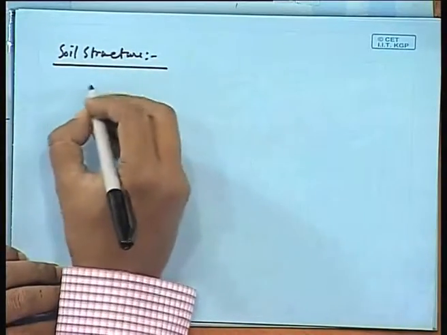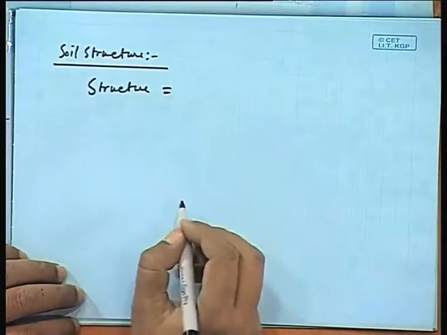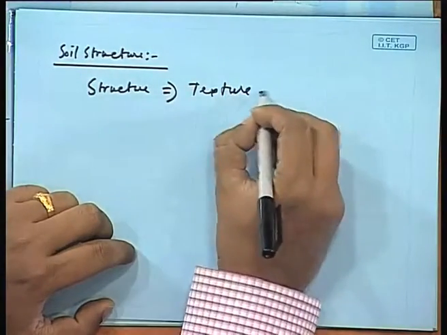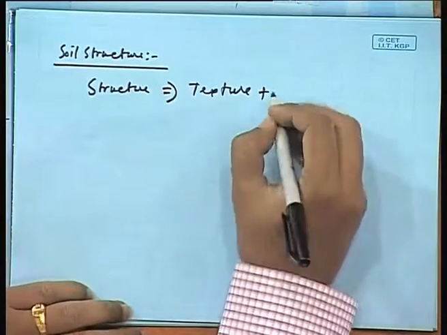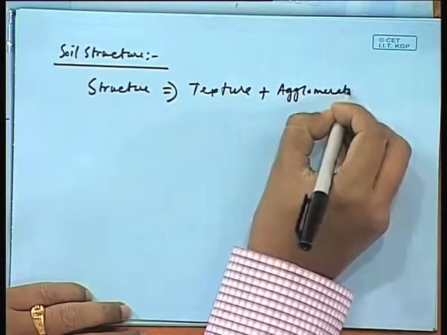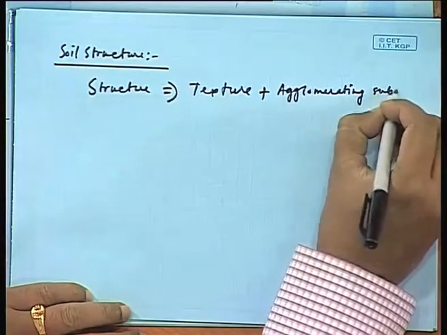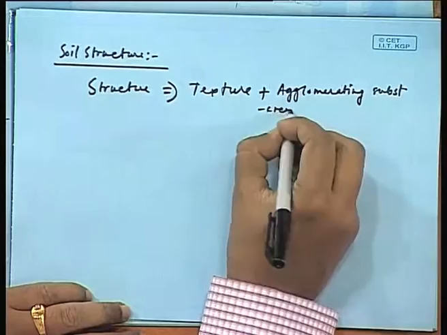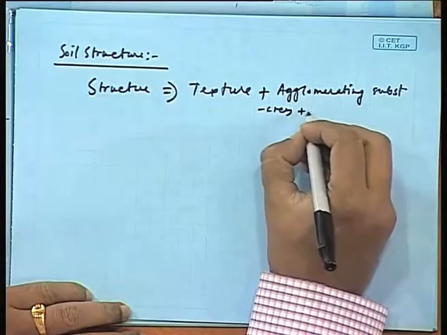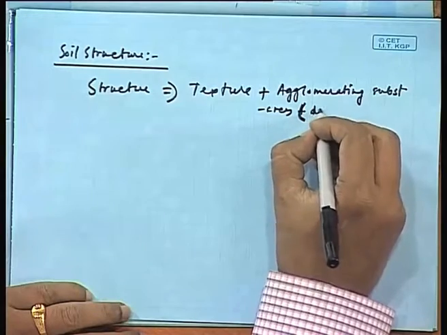Structure can be called texture plus the agglomerating substances and the process of agglomeration.